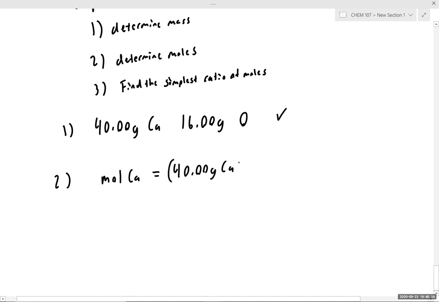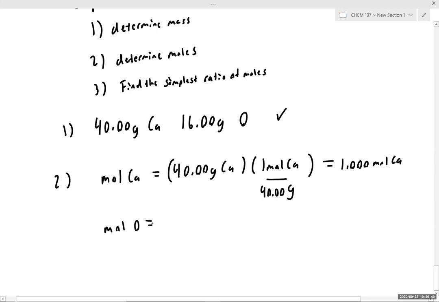40.00 grams of calcium. And what is the molar mass of calcium? In 1 mole of calcium, how many grams do we have? 40, yep. We'll use 40.00 just to keep the numbers a little bit cleaner. And that gives us 1.000 moles of calcium.